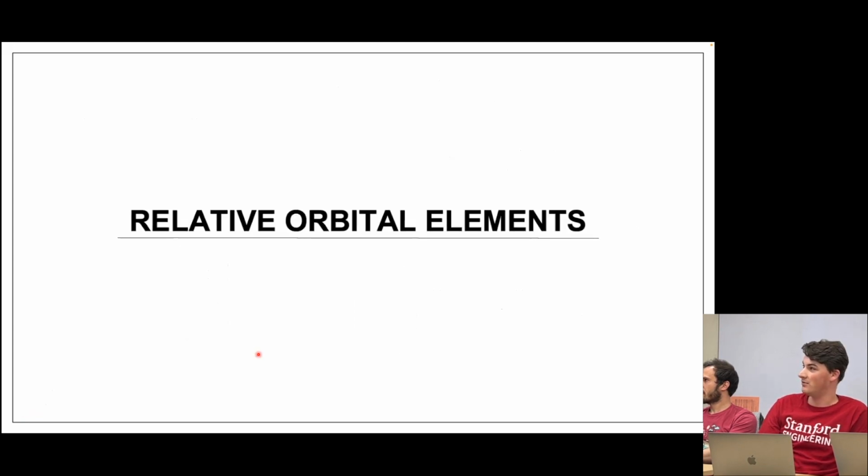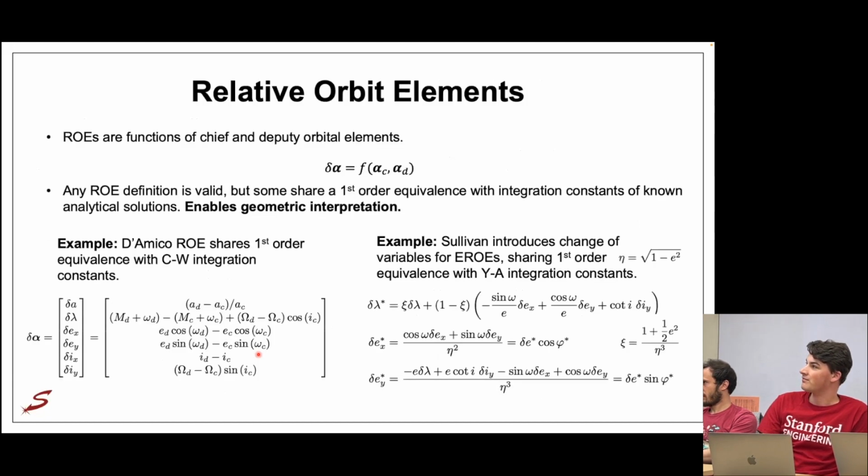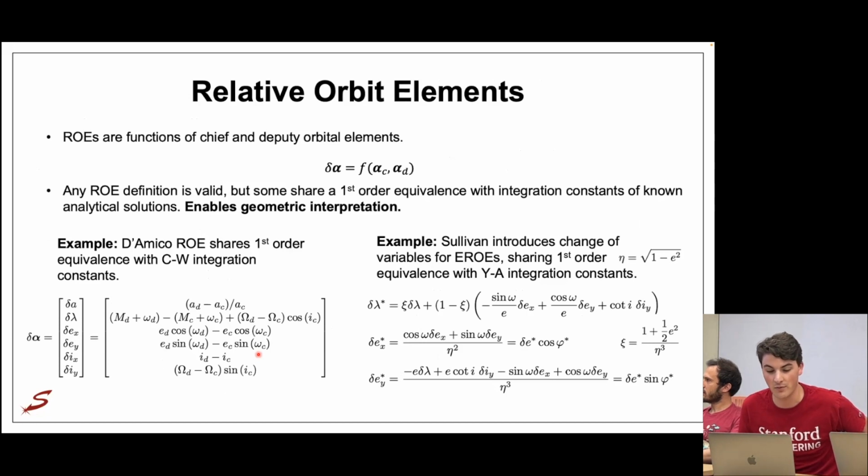All right, so we're going to move on to relative orbital elements now. ROEs are a function of the chief and deputy orbital elements. You can define these ROEs in pretty much any way you want, however is convenient for your work.